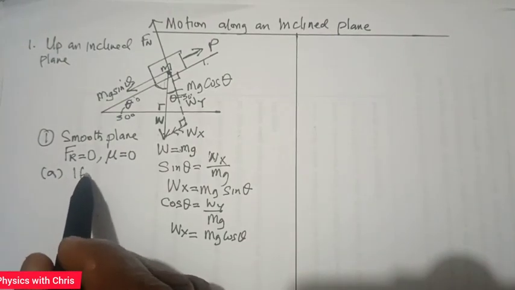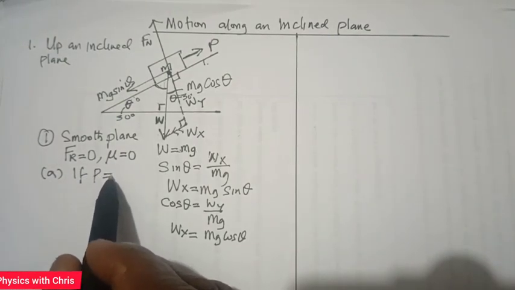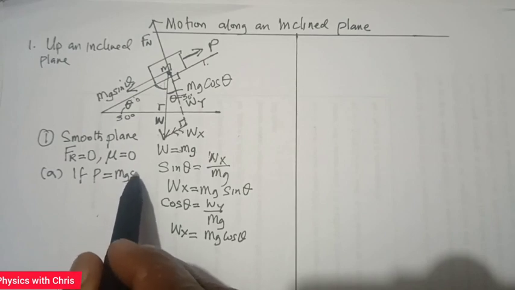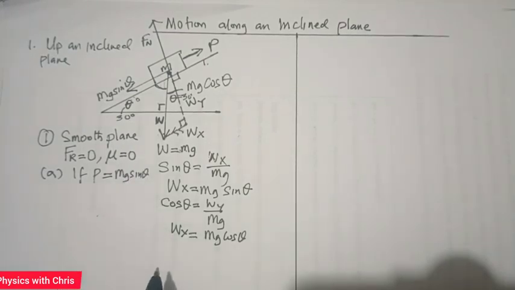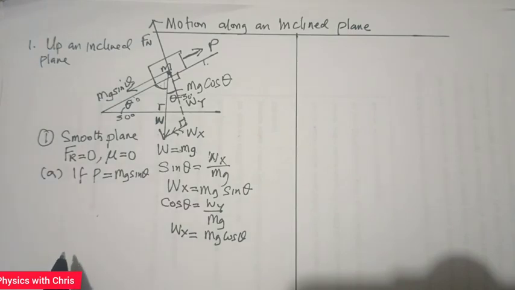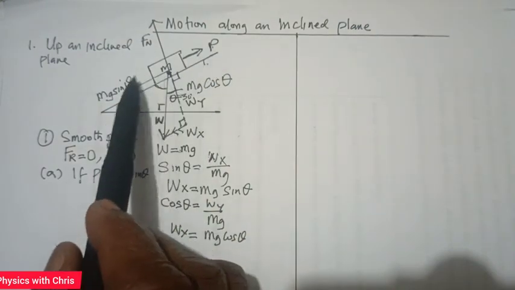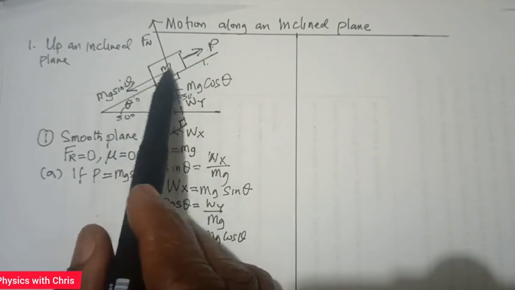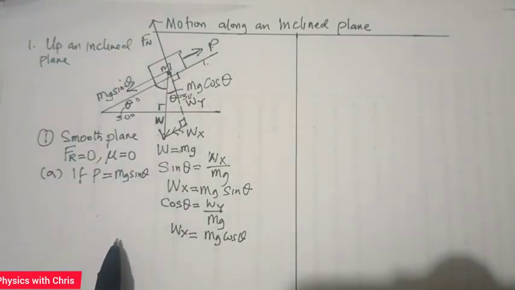If force P is equal to mg sine theta, it means that this block will move up with a constant speed. If these two forces are equal, because they act in opposite directions, and we're looking at a case where there's no frictional force acting between the two surfaces.